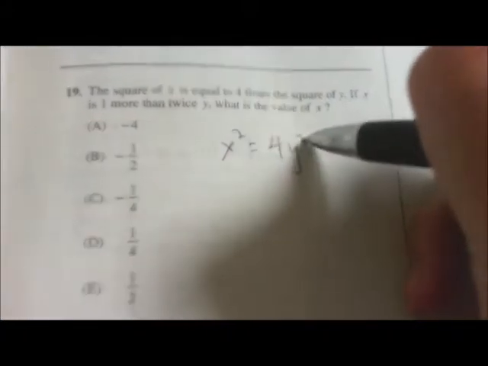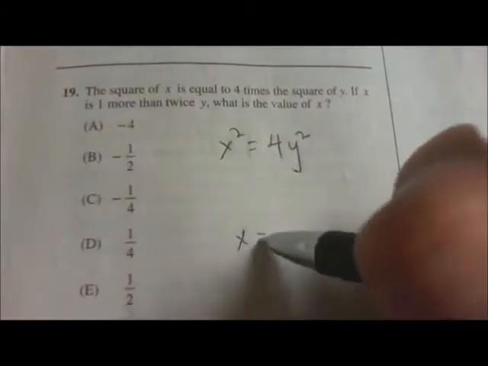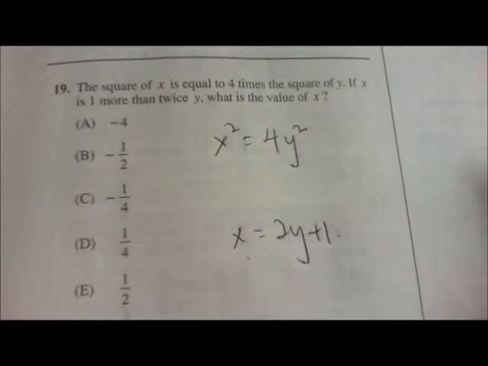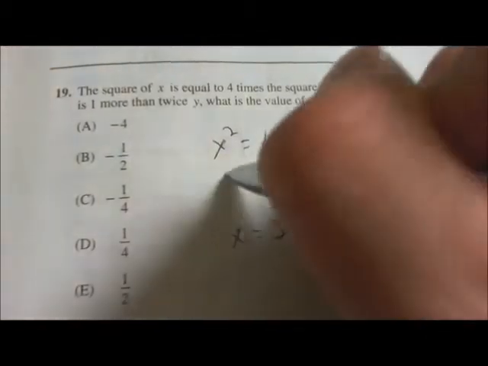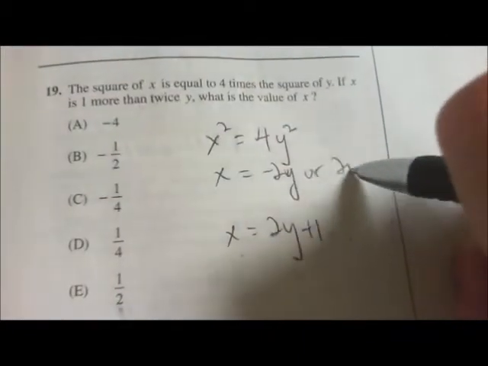Next question. Now, they said the square of x is equal to 4 times the square of y. They said x is 1 more than twice y. What is the value of x? By looking at this, you take the square root of both sides. You have x equal to negative 2y or 2y.